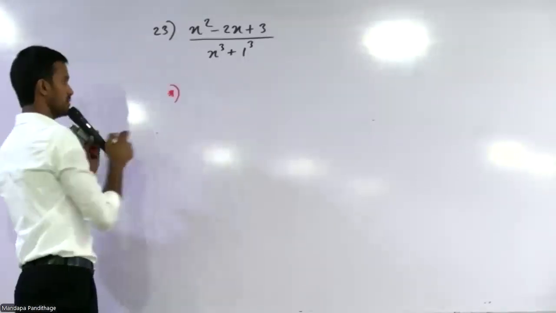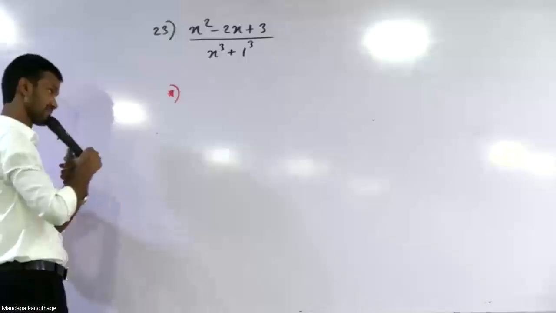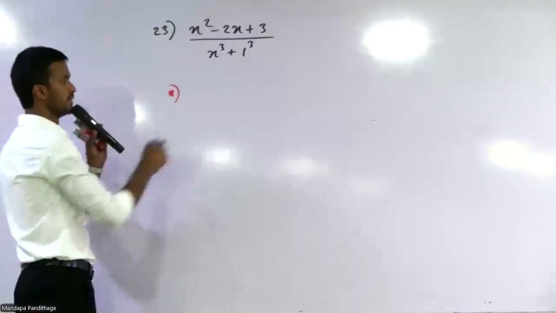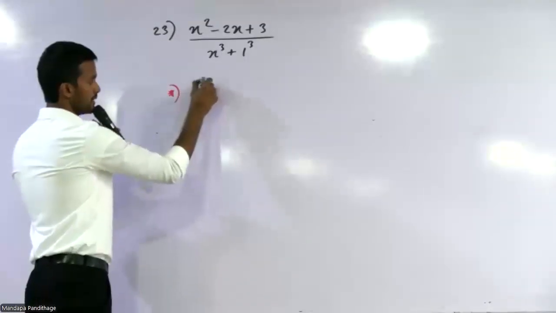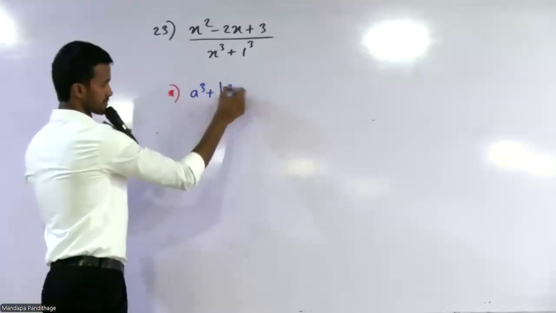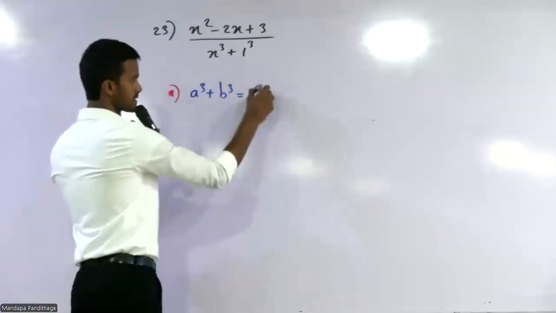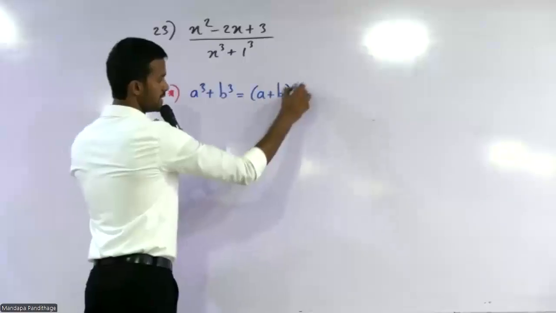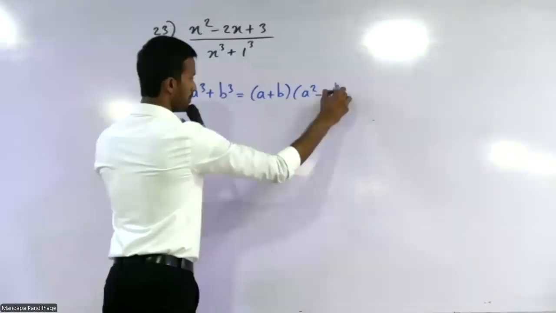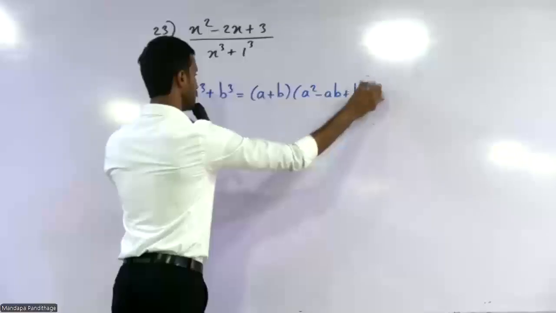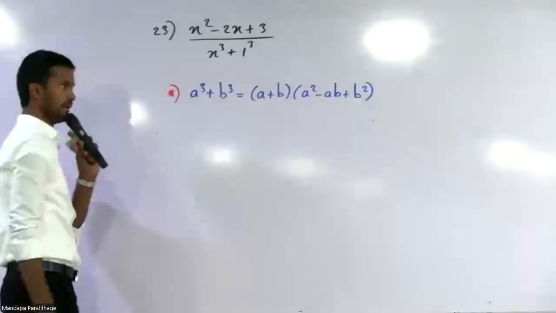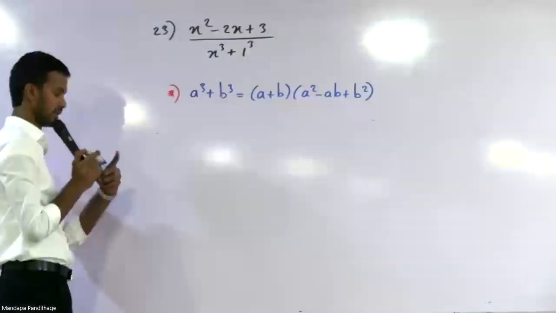If you can't remember, just write it. A cube plus B cube can be factorized as A plus B, A squared minus AB plus B squared.